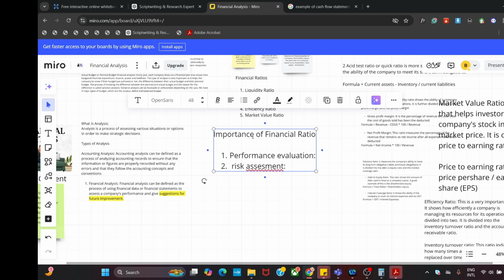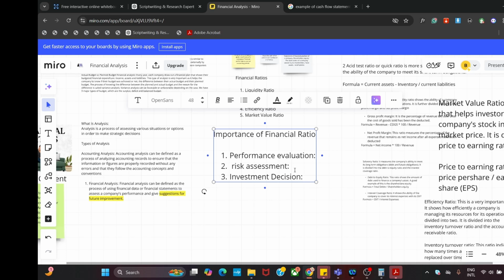These financial ratios help the company evaluate risks associated with solvency, liquidity, and profitability, which helps the company make informed and strategic decisions. Like we mentioned when we were defining financial ratios, it is a very important tool that helps organizations know the financial health or position of each company at every given accounting period.